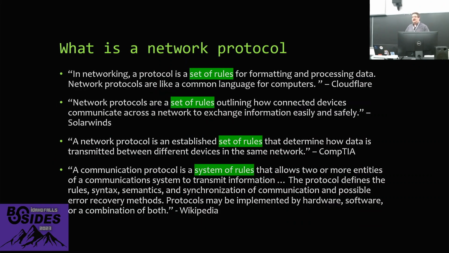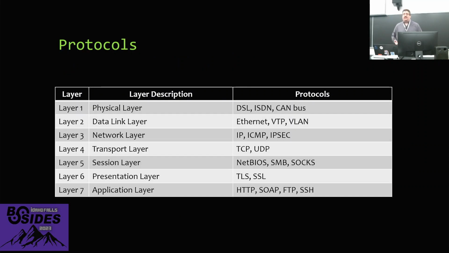So then we get to what is a network protocol. Simply put, it's a set of rules for communication between two application services or devices on a network. There's lots of different protocols.